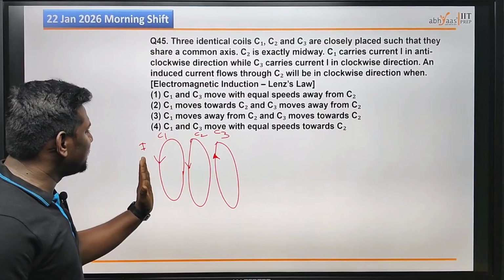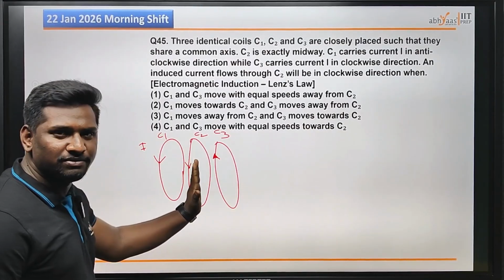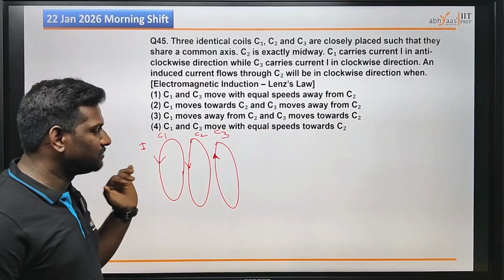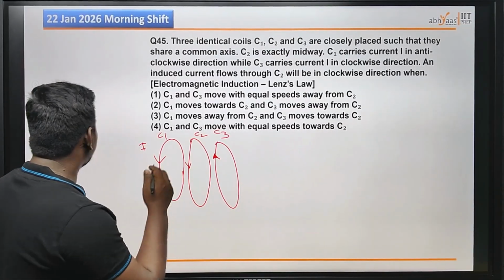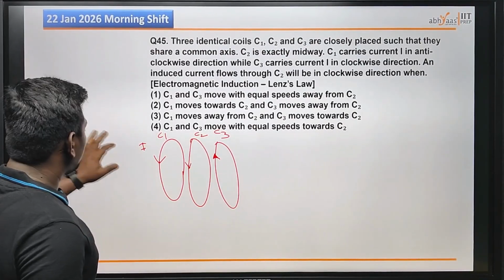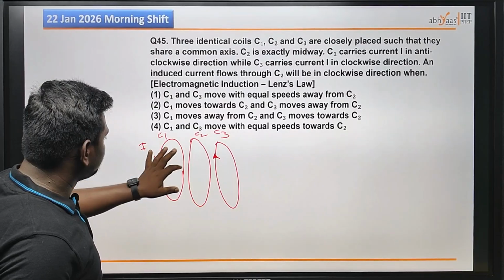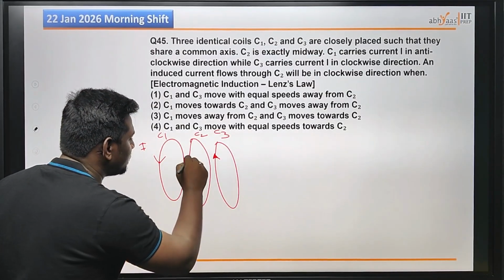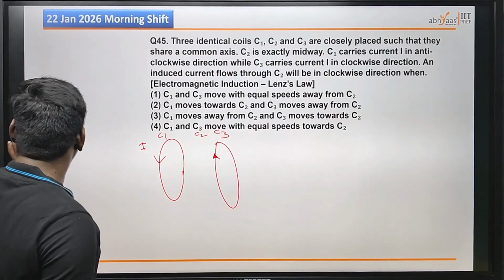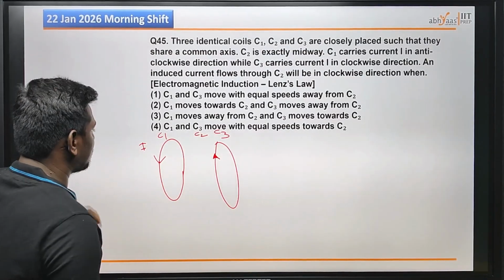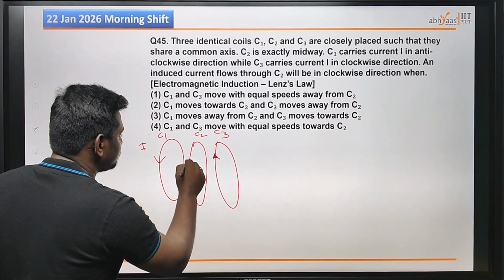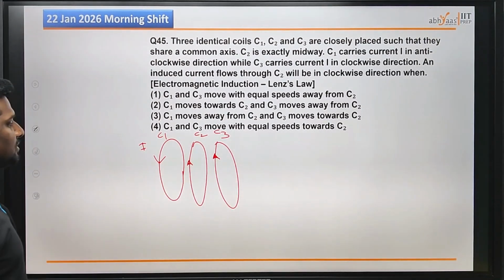If C1 is going towards the C2, what will happen? It will induce the opposite current. This is anti-clockwise, so you will get the clockwise current. This is the condition.